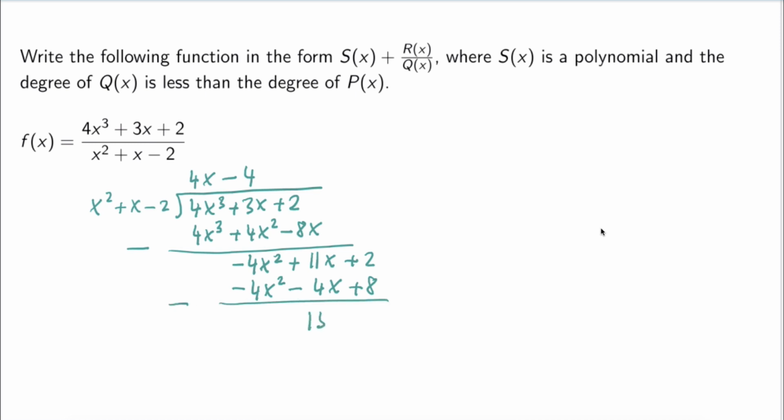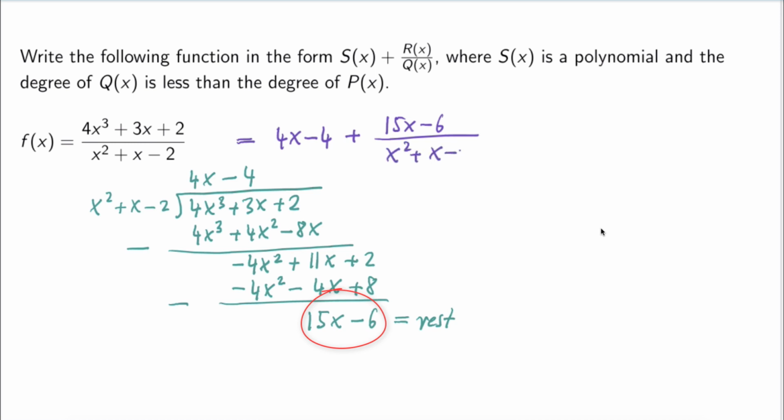This one gives a 15x, and this minus this is a minus 6. 15x minus 6, and this is the rest of this long division. So what does this mean? This means we can write our f equals 4x minus 4. This is a term from the top here. And the rest, 15x minus 6, which we still need to divide by x squared plus x minus 2.